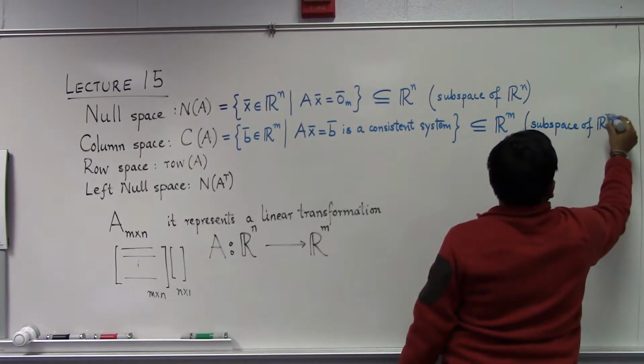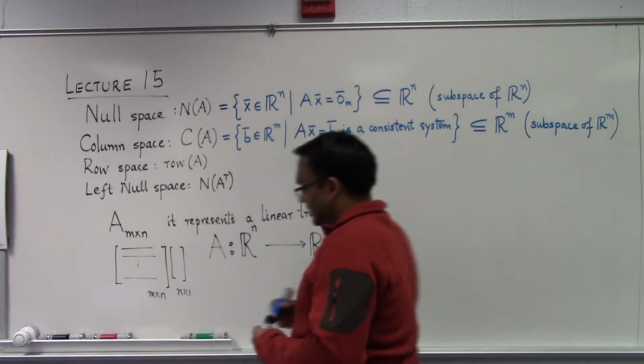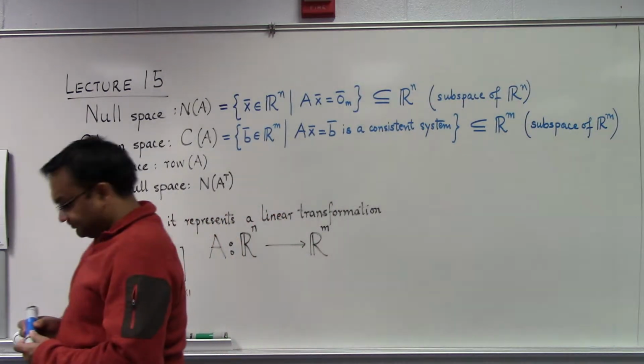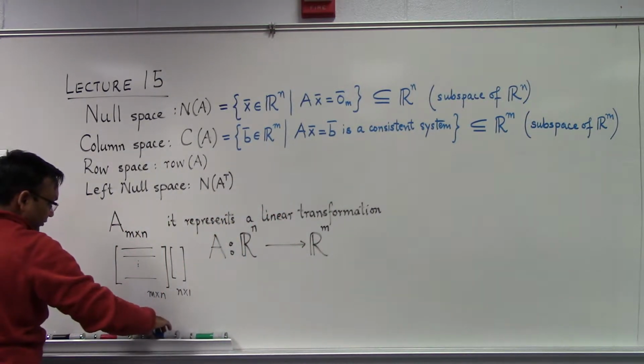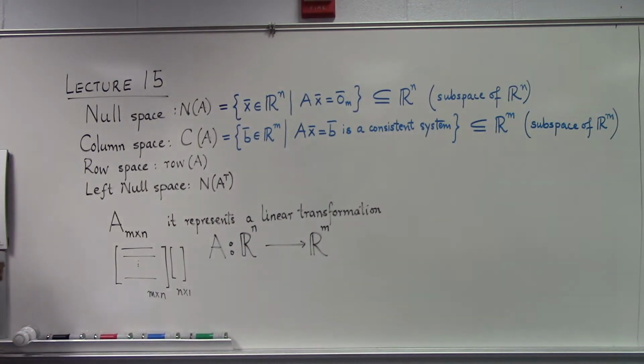So the column space is also a subspace, but this time it is a subspace of the codomain. Okay, why is it a subspace?